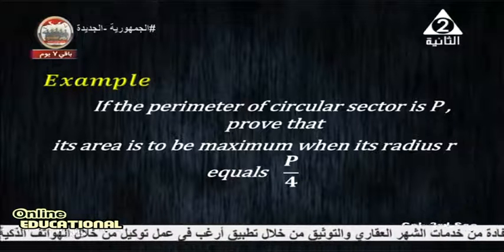We know that the perimeter of the circular sector, P, equals L plus 2R. L is the length of the arc, and R is the radius of the circle of the circular sector. Then, when P equals L plus 2R, the length of the arc L equals P minus 2R.